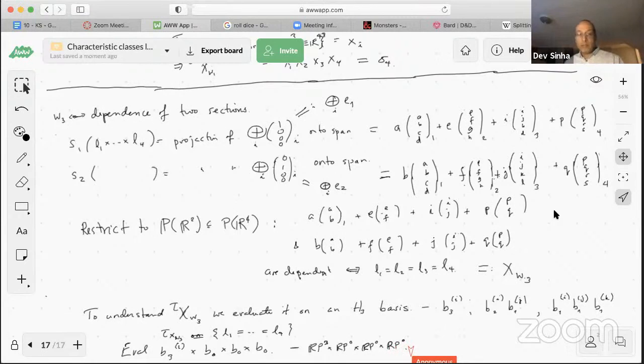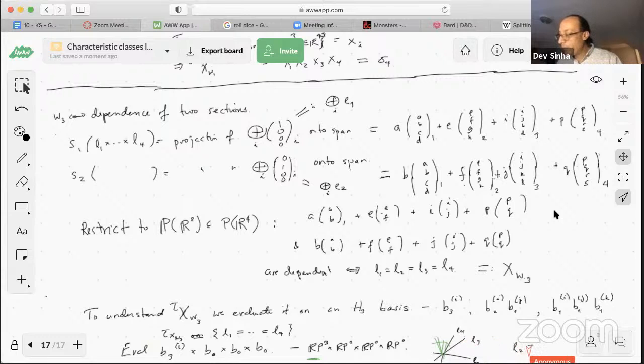And so what we're really doing is fixing three lines, and I'm going to think of them as generic. And then the fourth line is going to go over all possibilities. It's going to point in all possible directions. And we're asking for when they're the same, but obviously if I pick my three lines generically, that never happens. So generically, these three lines are my L2, L3, and L4.